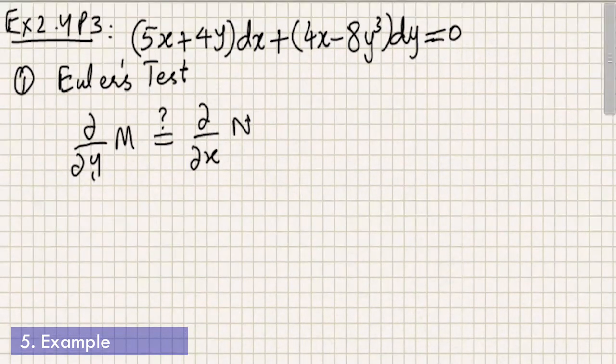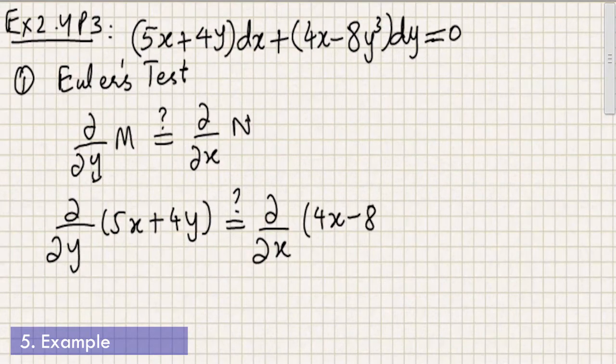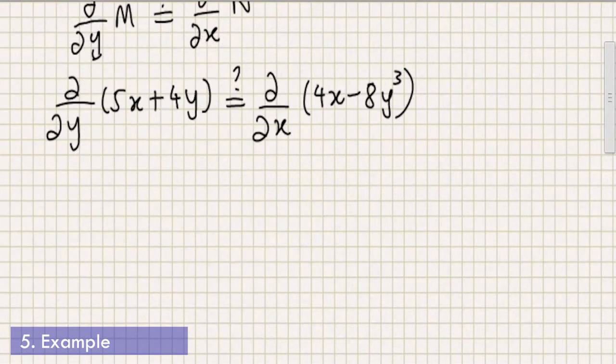In this equation we're going to write ∂/∂y of 5x plus 4y, and we check whether it is equal to ∂/∂x of 4x minus 8y cubed. Okay, so let's take the derivative with respect to y on the left hand side.